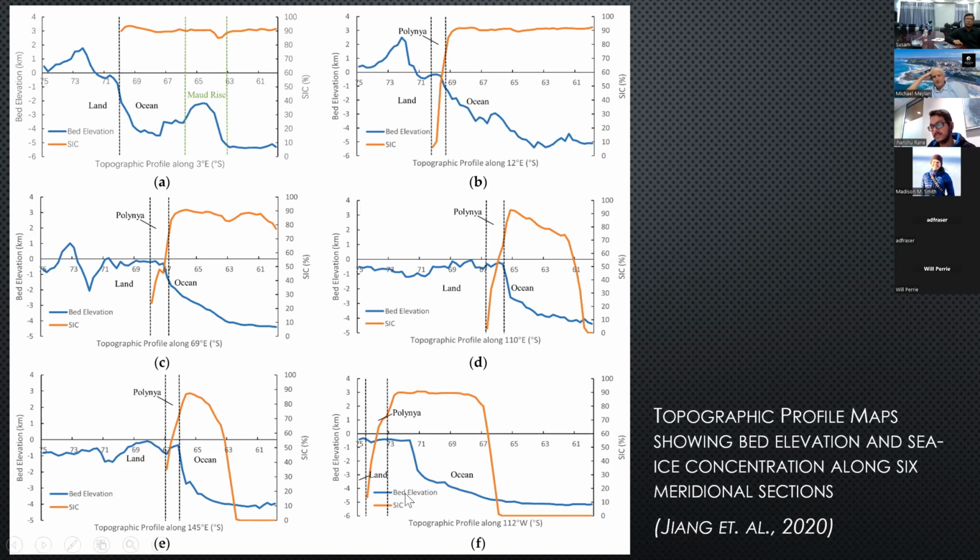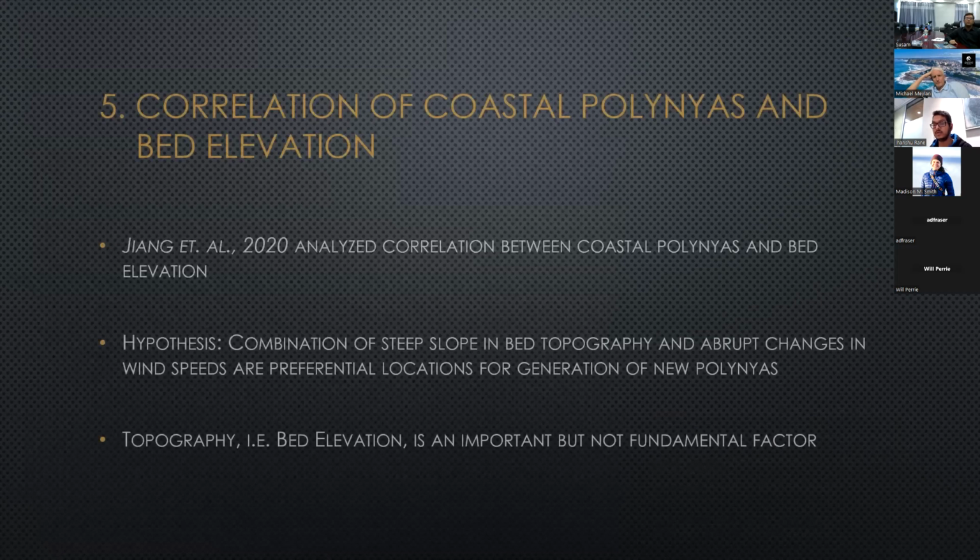However, in figure F, we can see that the location of the coastal polynya is far from that steep slope, which is in contrast to this hypothesis. So topography, that is bed elevation, is an important factor, but not a fundamental factor for prediction of polynyas.